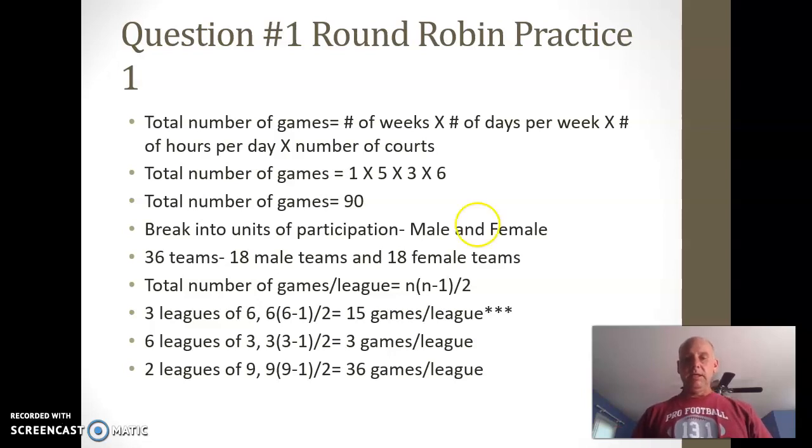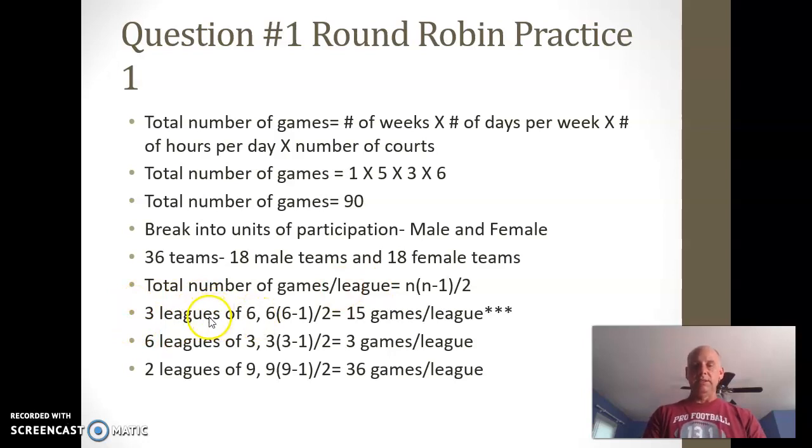Then we have to break it down into male and female, because we're going to split the sexes. In that, we're going to have 36 teams: 18 males, 18 females. Looking at our equation, we have total number of games times number of leagues, and we can look at different ways of breaking it down.